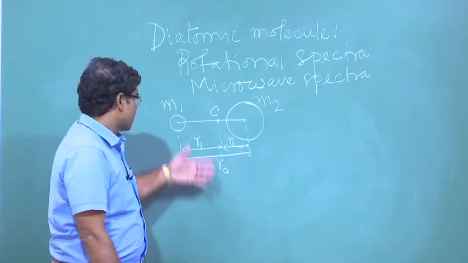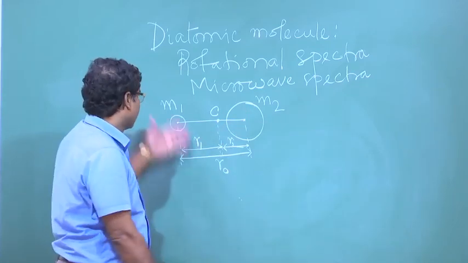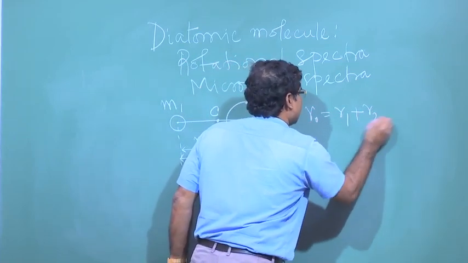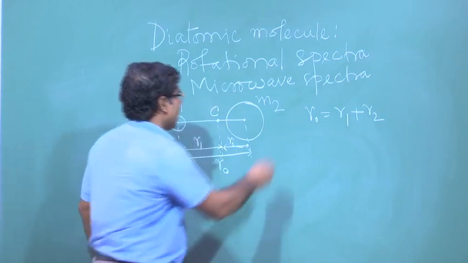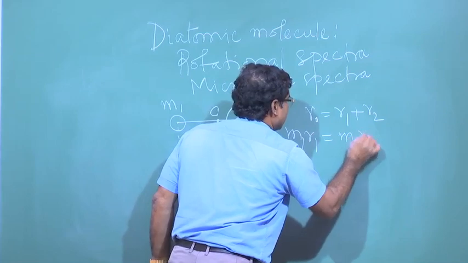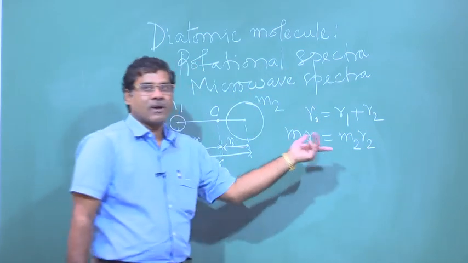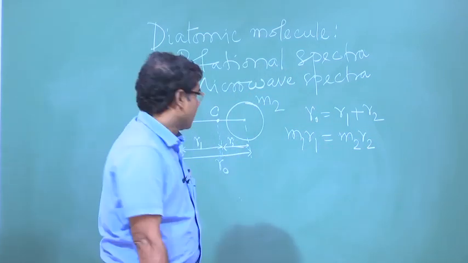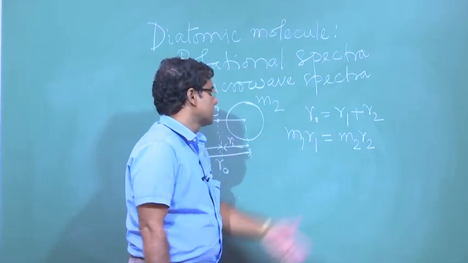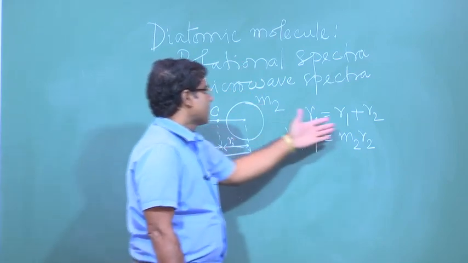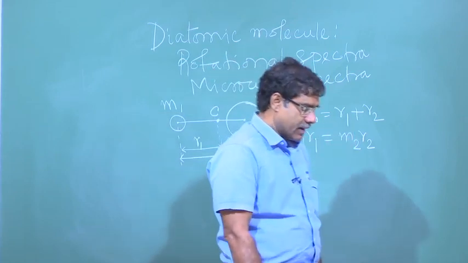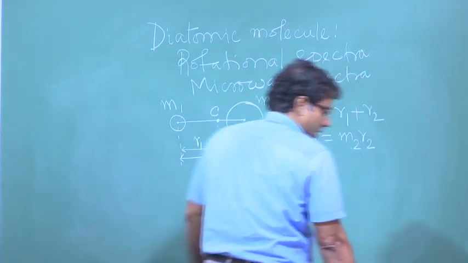Now, just put r0 equal to r1 plus r2, and then m1 r1 equal to m2 r2. So, r1 and r2 are the distances of the masses from the center of gravity. Now you have these two relations, r0 equal to r1 plus r2 and m1 r1 equal to m2 r2.